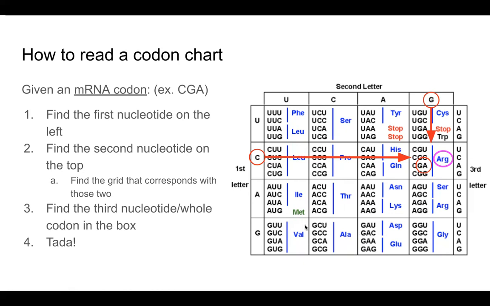And then AUC, isoleucine. And then the last one is UAU, which is going to be tyrosine. And then that UAA is going to code for a stop codon, non-amino acid, so we don't count it. But that's going to be the polypeptide sequence.